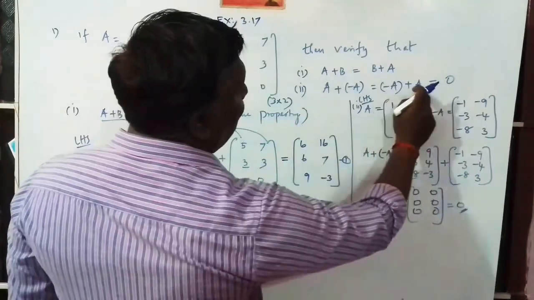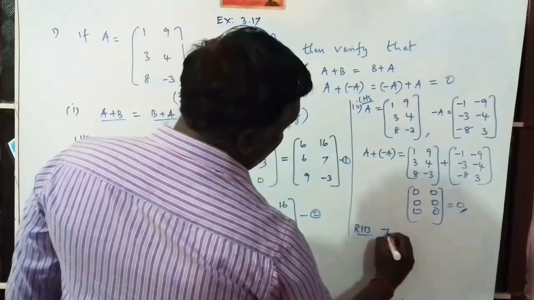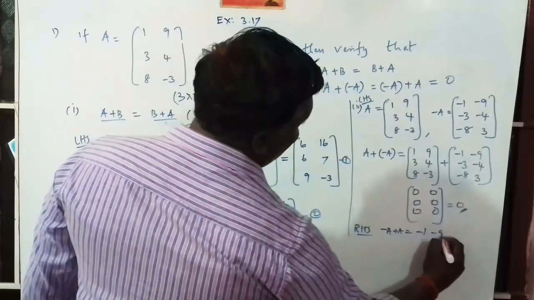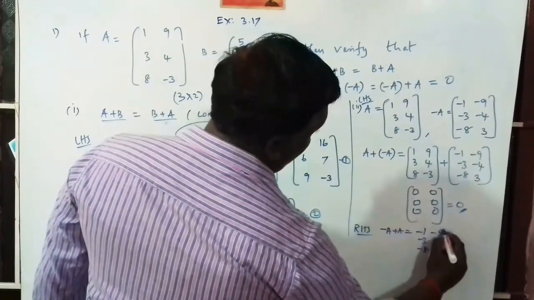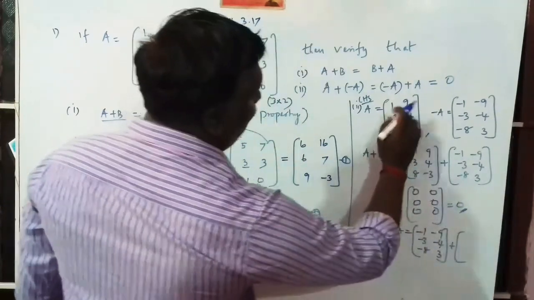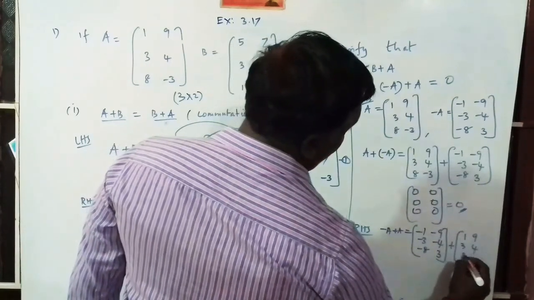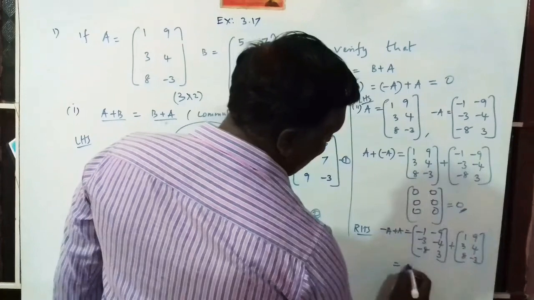Next, RHS: minus A plus A. Minus A equal to minus 1, minus 9, minus 3, minus 4, minus 8, plus 3, plus A equal to 1, 9, 3, 4, 8, minus 3. Now simplify. Minus 1 plus 1 is 0.